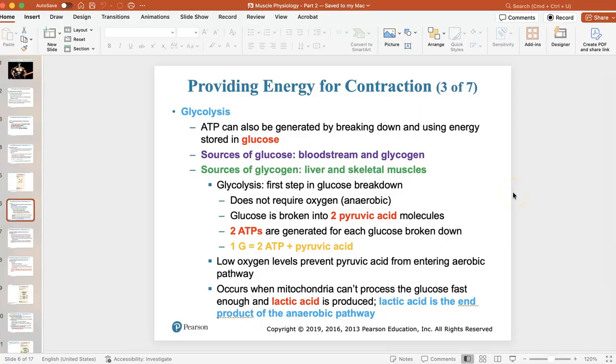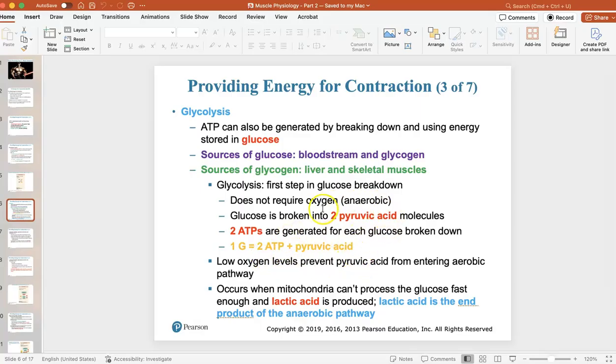So here's what we get out of this. Number one, make sure that you know that glucose is the energy supply driving this process. Since this is anaerobic and not requiring oxygen, we take one glucose molecule, and in the process of harvesting ATP, we get 2 ATP and pyruvic acid.